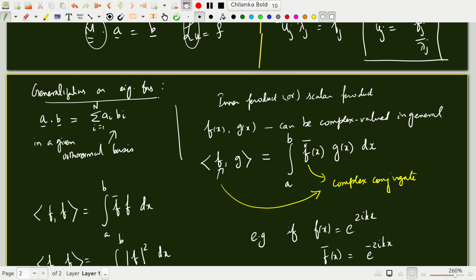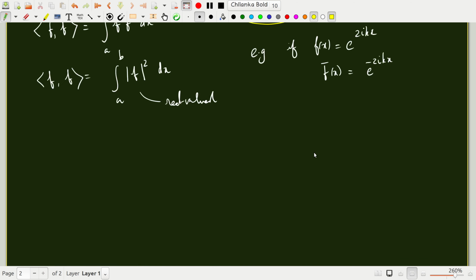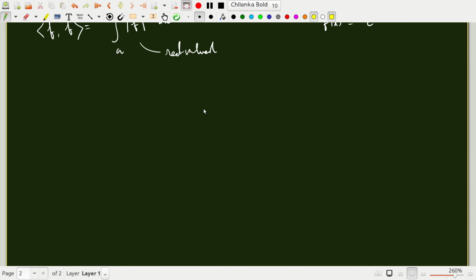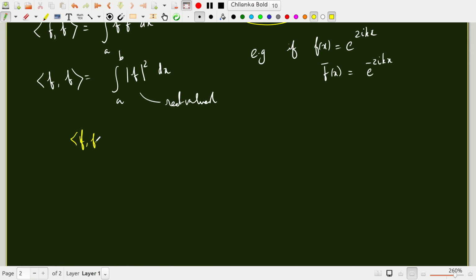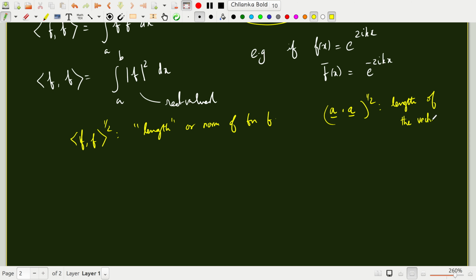To ensure that, you make sure that the first entry appears with a complex conjugate. Okay, so in some sense the inner product of f with itself to the half is like the length or norm of the function f, in as much as if I have a dot a to the half, that is the length of the vector a, if a represents physical distances. In much a similar manner we define inner products of functions as well.